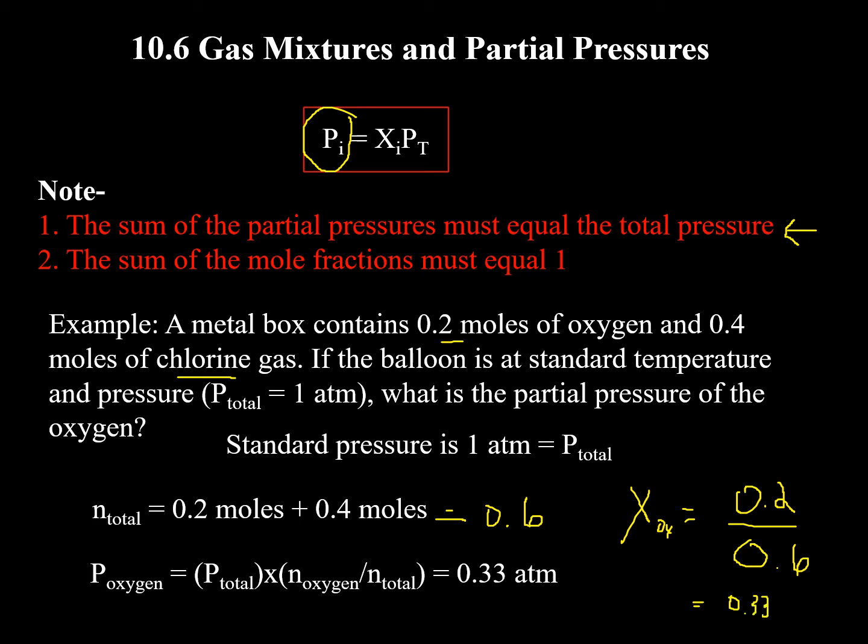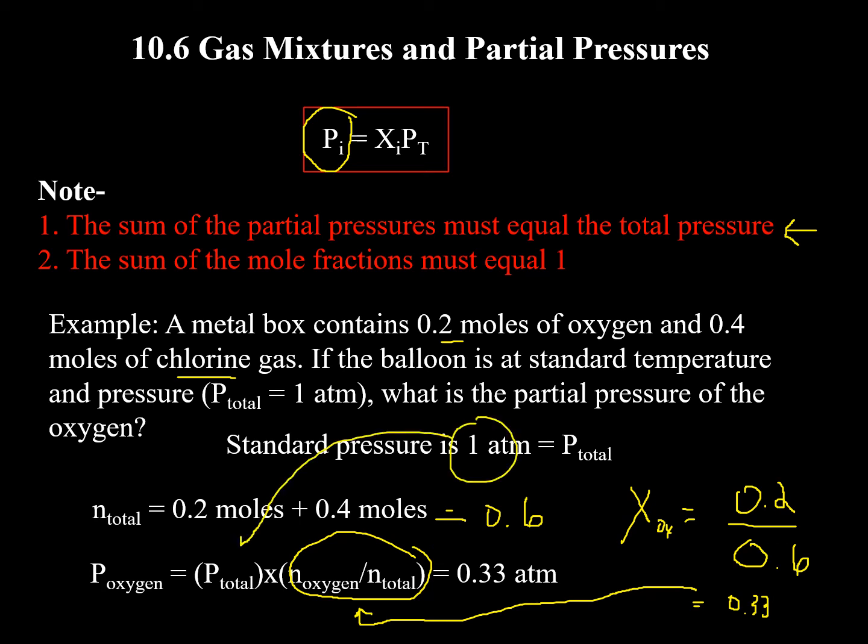So this is our X, our mole fraction of oxygen. We plug this value in here. So this is 0.33. We know the total pressure is 1 atm. So 1 atm times 0.33 is 0.33 atm. So this is our partial pressure for our oxygen.